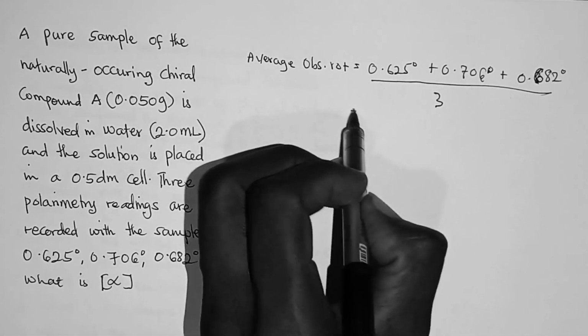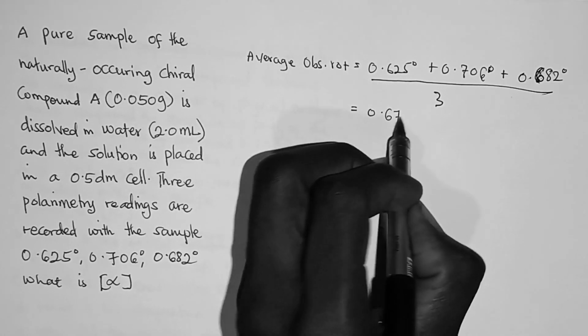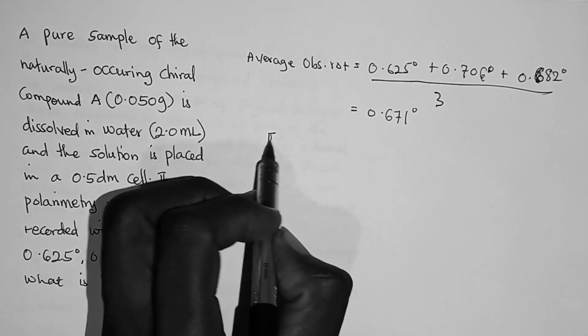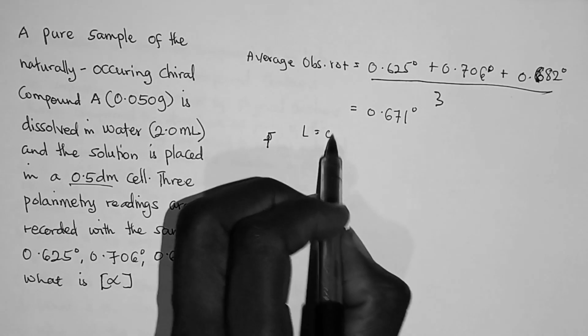And this is equal to 0.671 degrees. But we know that in the question, the path length was given as 0.5 decimeters.